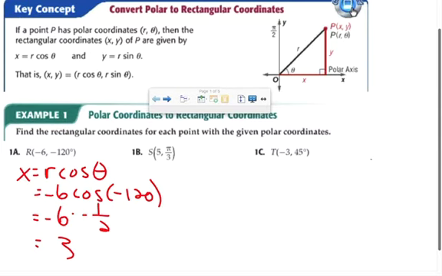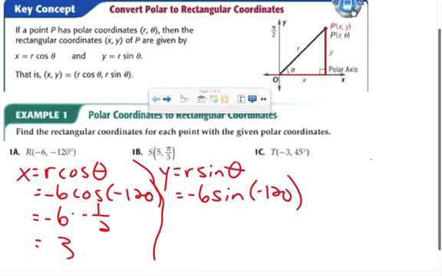My y-coordinate will be r sine theta, so that's -6 times the sine of -120. And -120 is equivalent to positive 240. So I know I have -6 times negative radical 3 over 2.